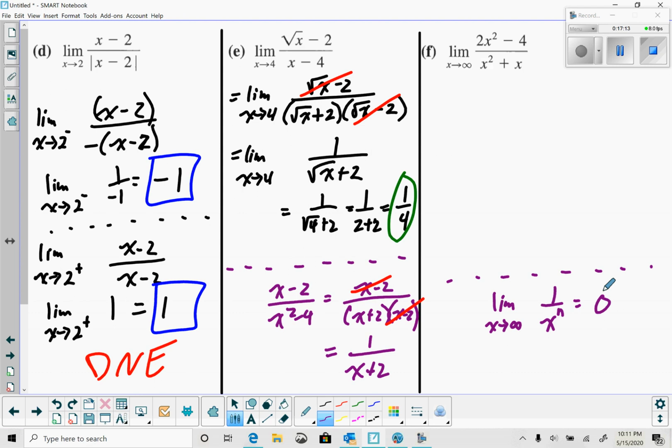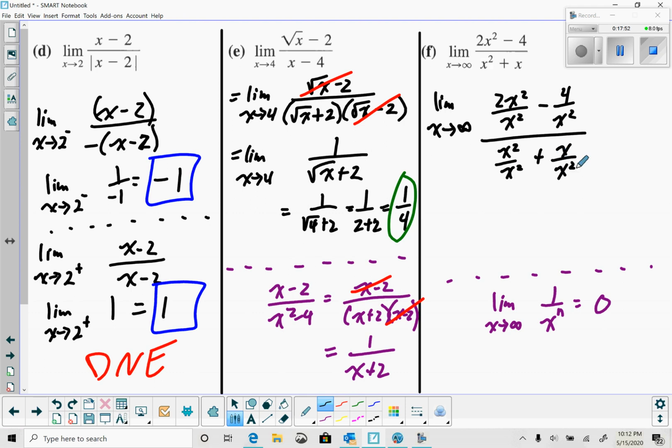is in fact 0. So if we use that function up here, in my numerator the highest degree is squared. So if I take 2x squared over x squared, then I have to take the 4 divided by x squared. For my denominator, well, I could do the same thing. This is x squared over x squared plus x over x squared.